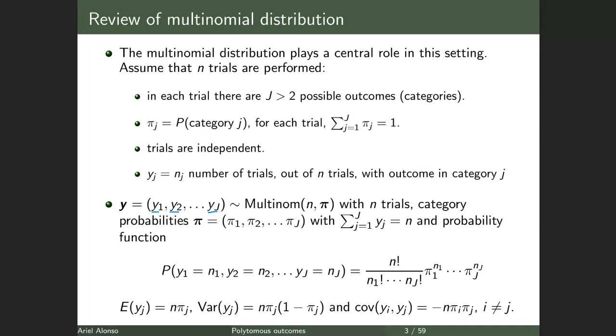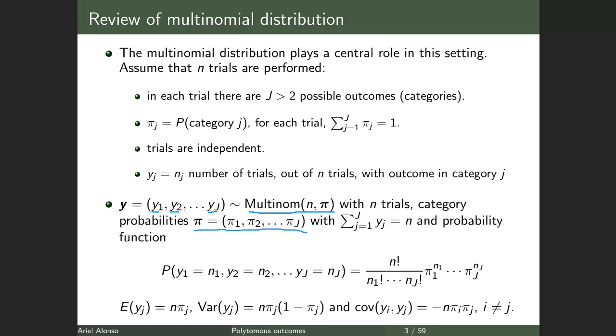This vector of outcomes follows a multinomial distribution with parameters n and pi. Well, n is the total number of trials, and pi is the vector of probabilities, in which pi 1 is the probability that you will get a 1 in each trial, pi 2 is the probability that you will get a 2, and so forth.